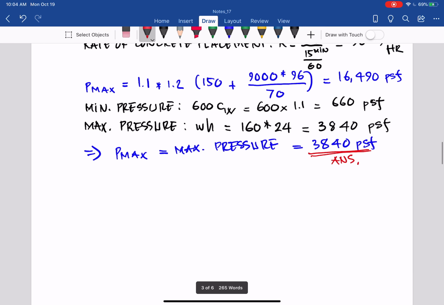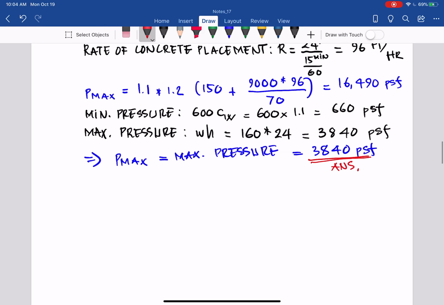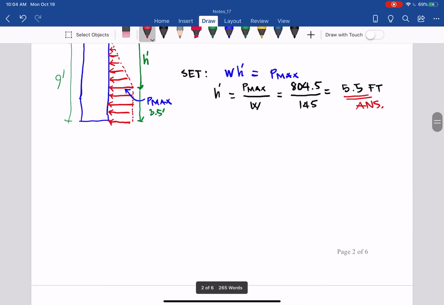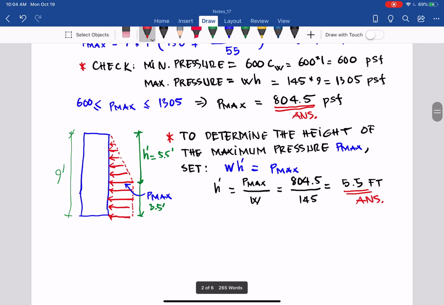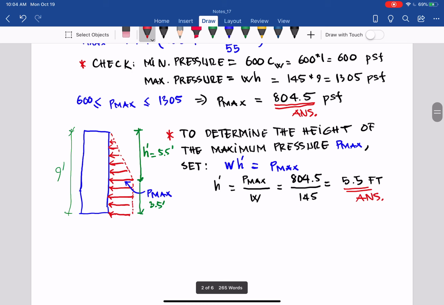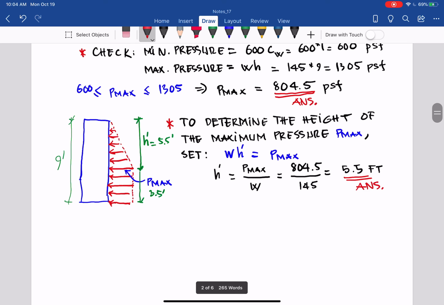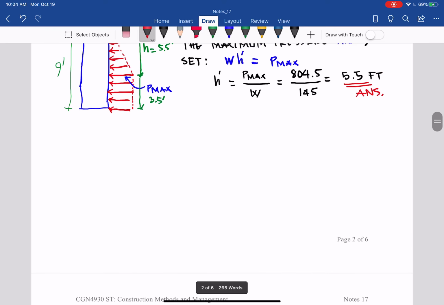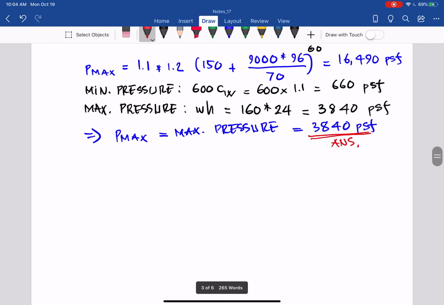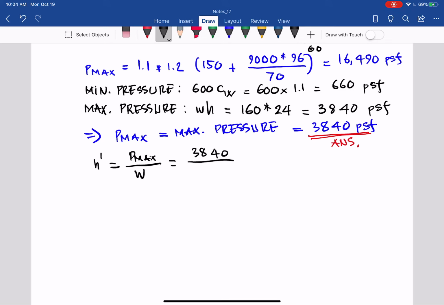Similarly, because it's totally fluid, the same as problem one, when we determine the height of the maximum pressure, Pmax equals W times H', so H' equals Pmax over W. Pmax in this case is only 3,840 divided by 160.